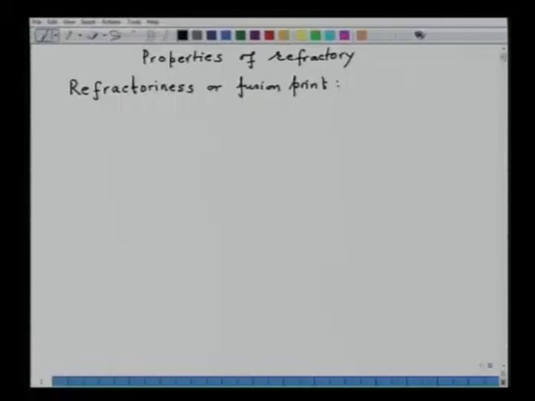And this refractoriness or fusion point is commonly expressed in terms of pyrometric cone equivalent.